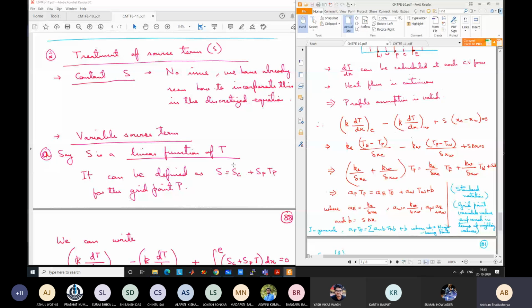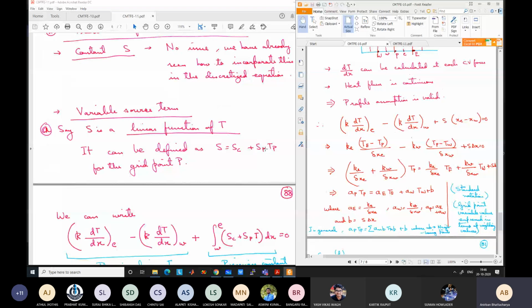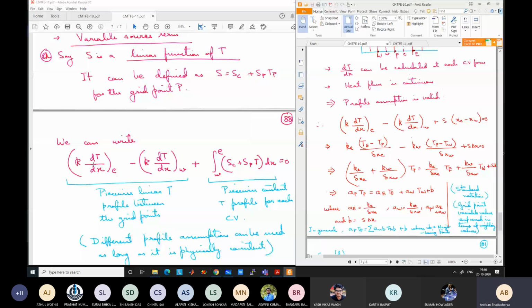If we do that, we can write our equation, the same equation again. Look at this equation: K dT/dx at east, from our previous derivation, minus K dT/dx at west, plus the integral from west to east of S dx. Instead of S, now we will write SC plus SP T, dx.